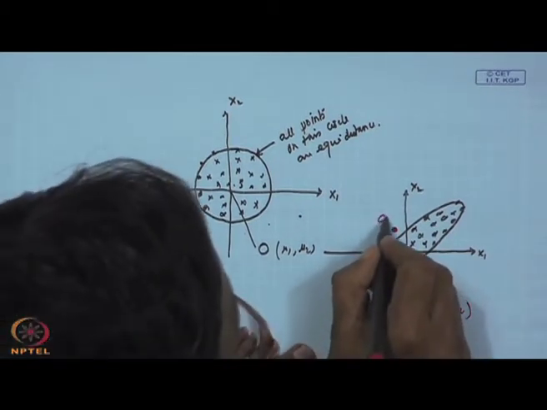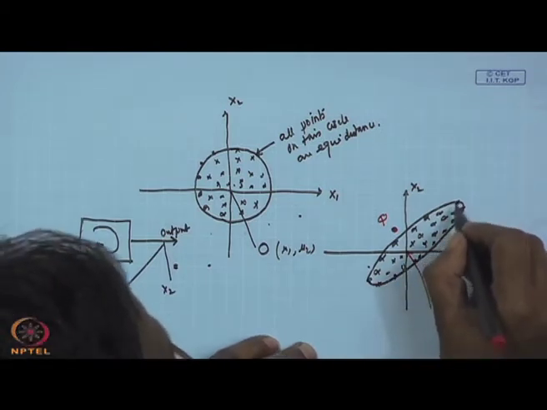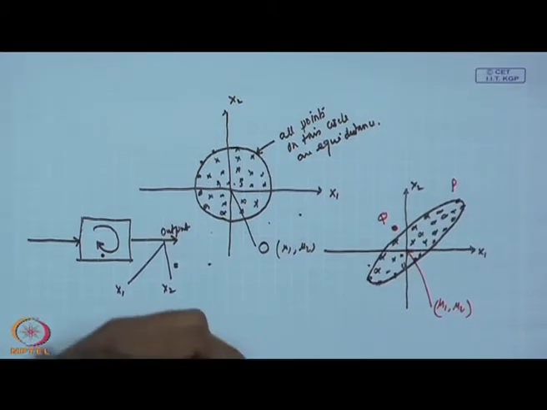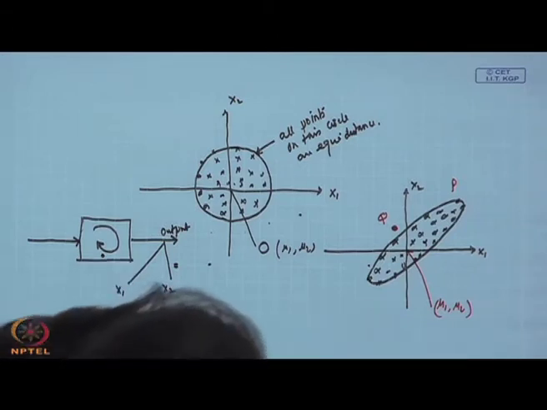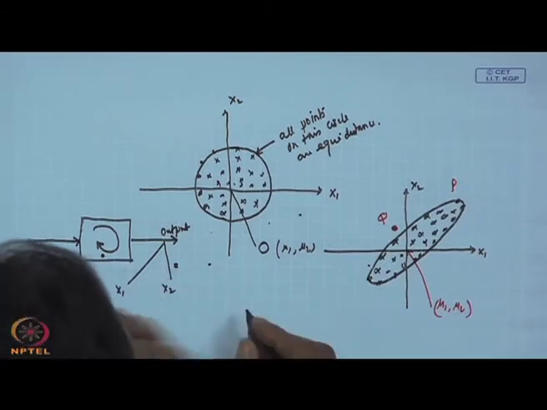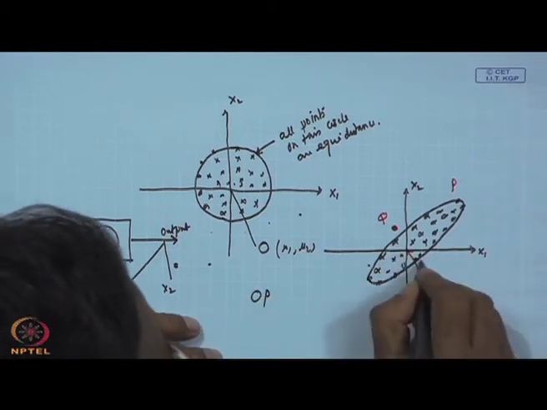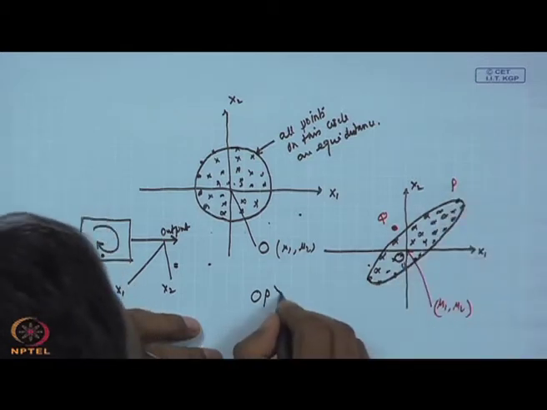Let this point be Q, and let another point somewhere here be P. Now, if we go by Euclidean distance, OP, the distance between the origin O and P, will be greater than OQ.